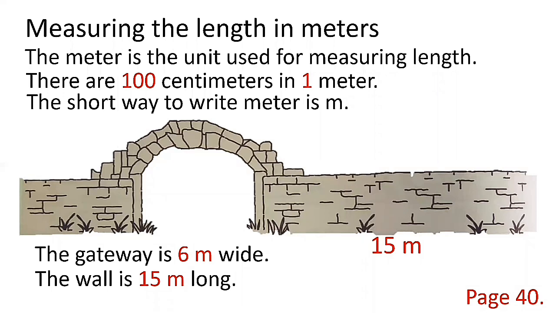Now, how many meters are there in 100 centimeters? Yes, very good. That is 1 meter, since 100 centimeters is equivalent to 1 meter. Okay, so what is the shortest way to write meter?